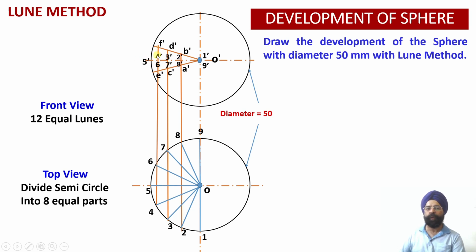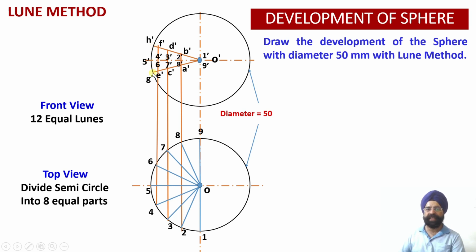Similarly, corresponding to the points 4 and 6, my thickness of the lune will be the distance between F dash and E dash over here. And corresponding to the point 5, that is on the other side of the axis, my thickness would be this much, that is the distance between H dash, this point, and G dash, this point.